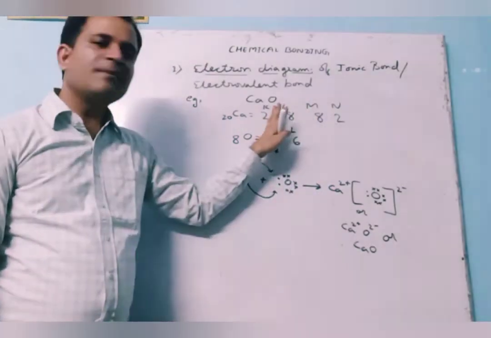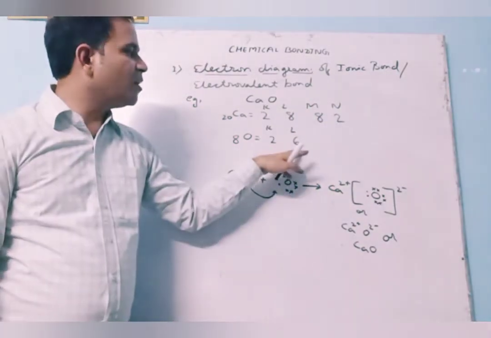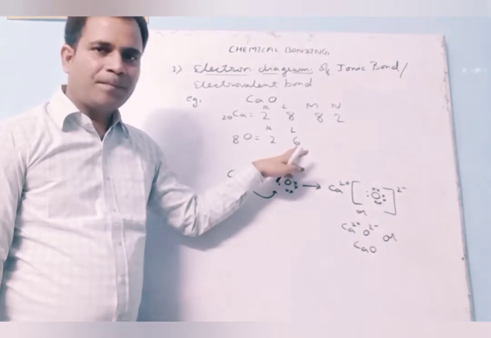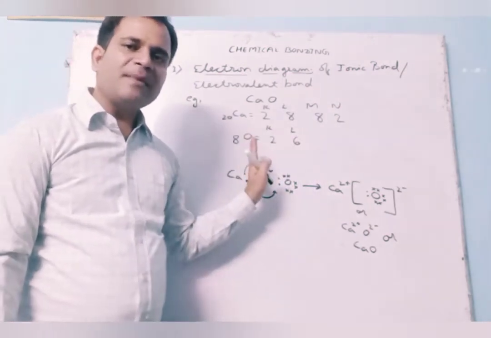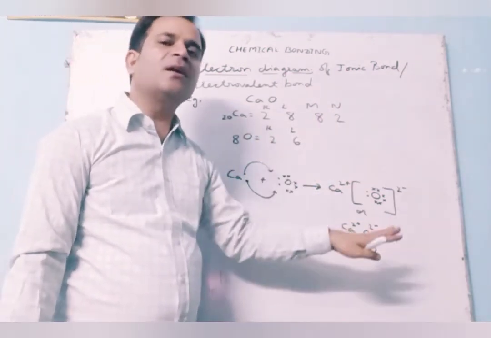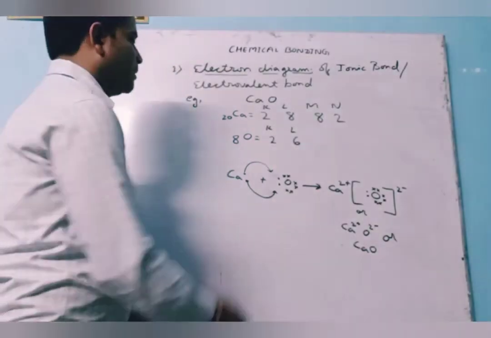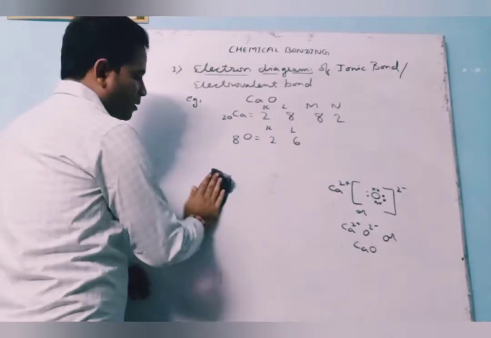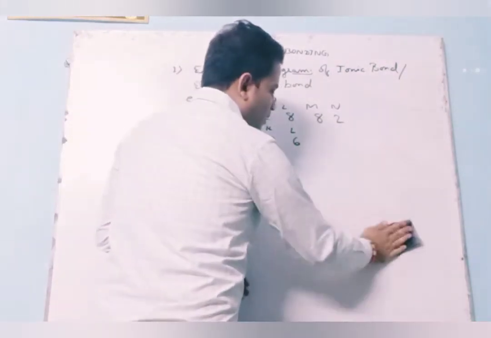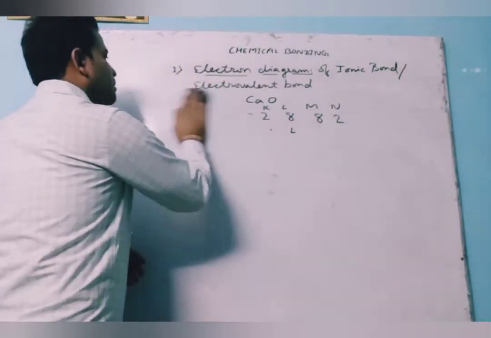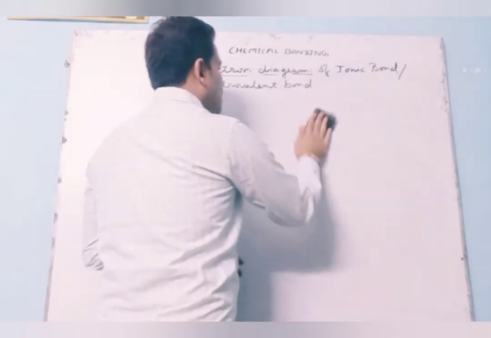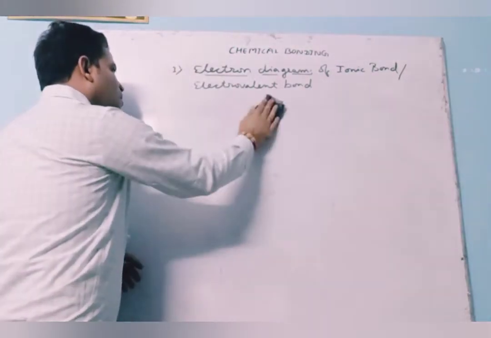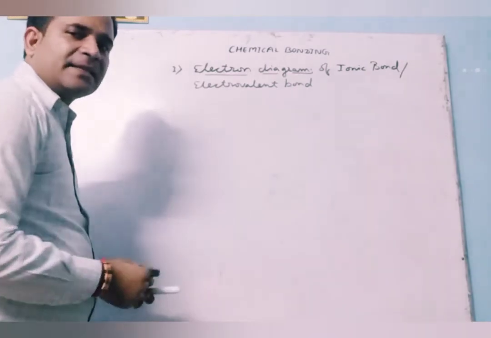Only 3 shells remain, and after that the gaining of 2 electrons happens here. So the number of shells remains the same here, but they gain the electrons to become stable. Now we have discussed the electron dot structure as well as the orbital structure.